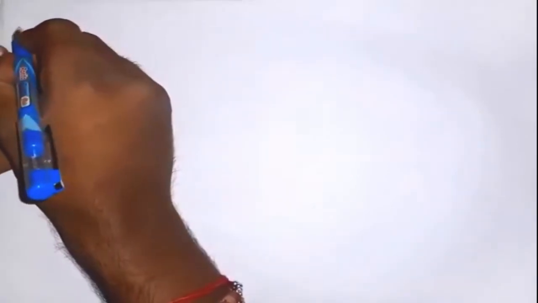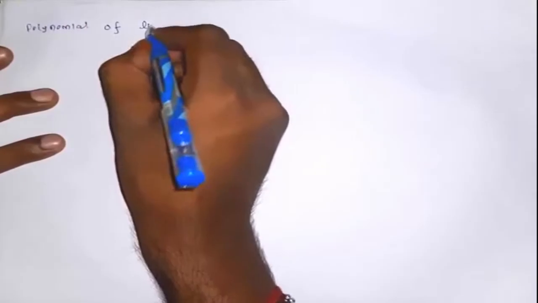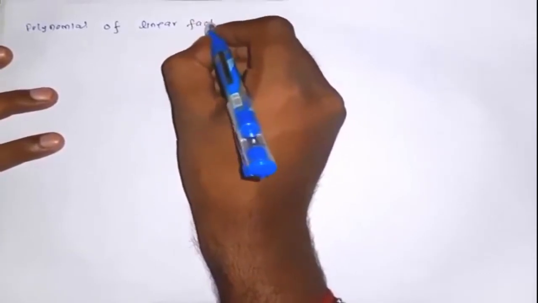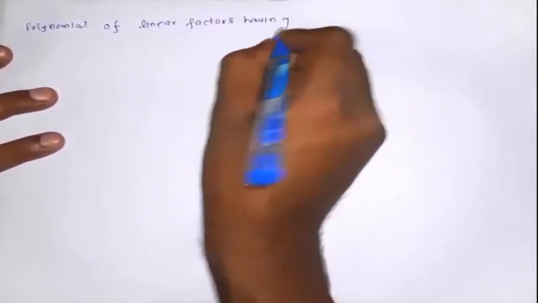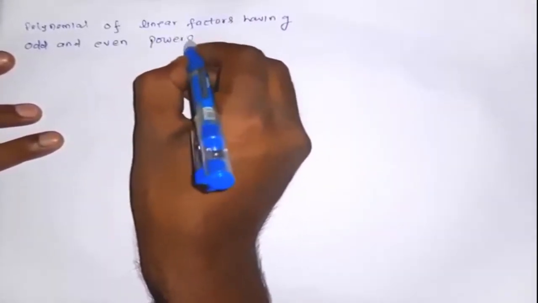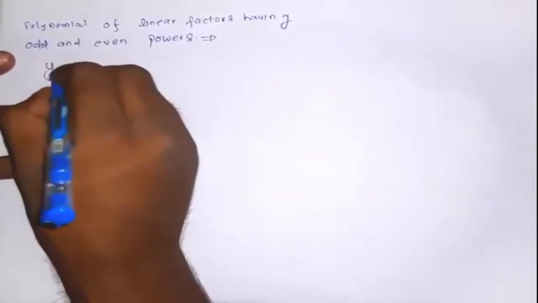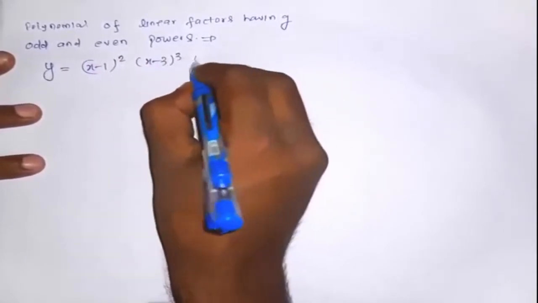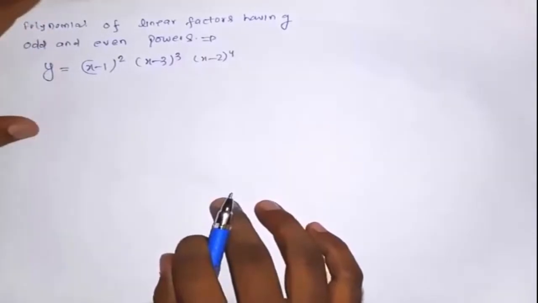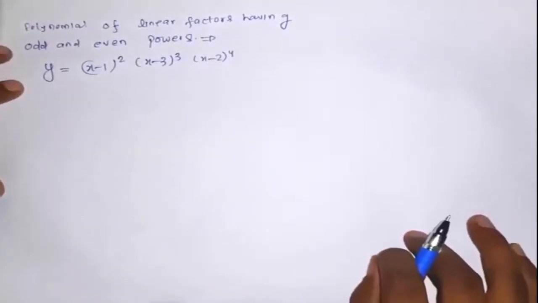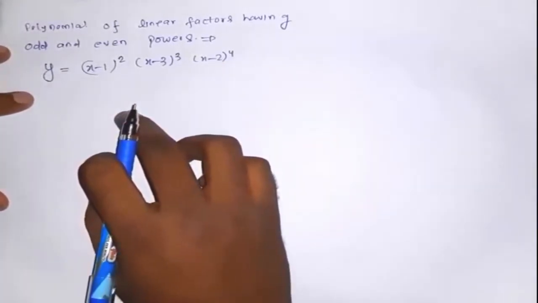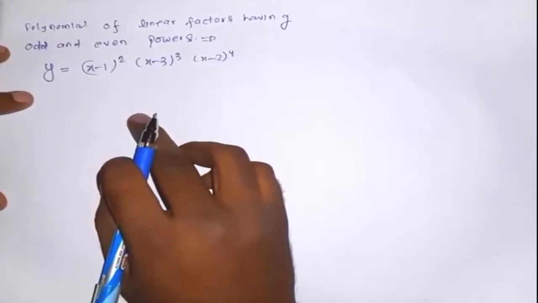For example, a polynomial of linear factors having odd and even powers: y equals (x minus 1) squared, (x minus 3) cubed, (x minus 2) to the power 4. Okay, so we have taken this example.